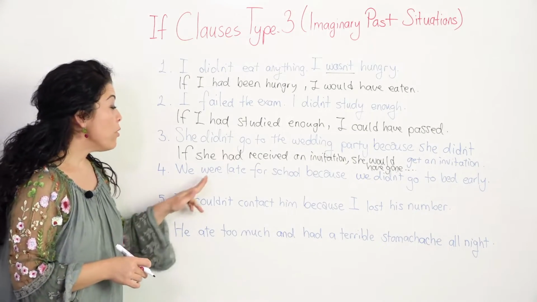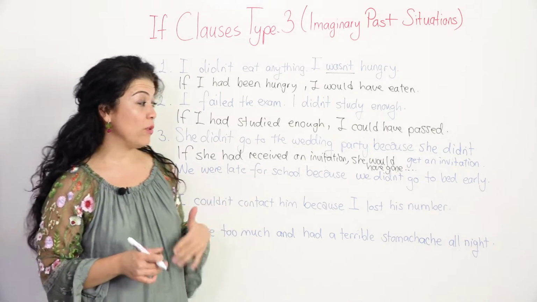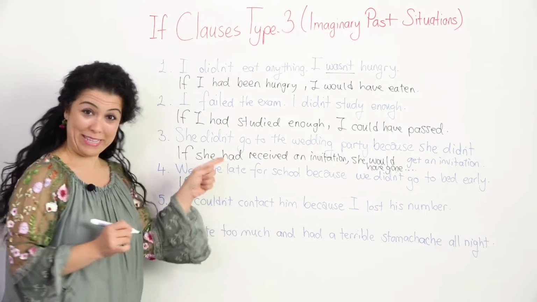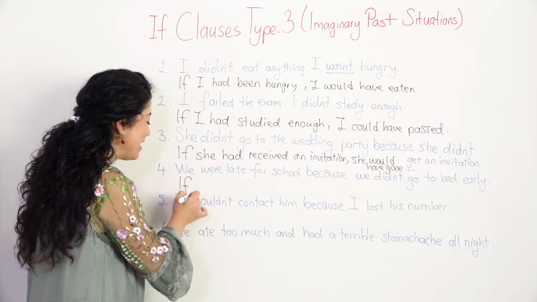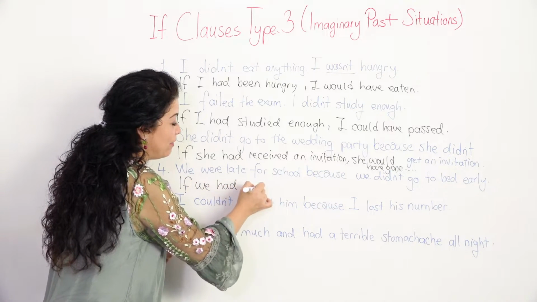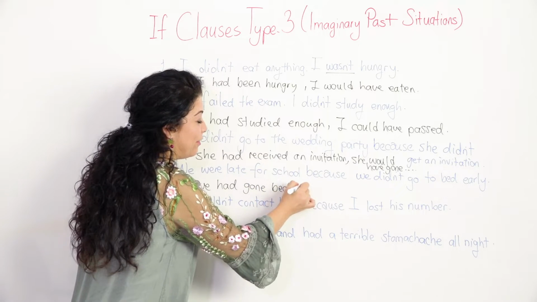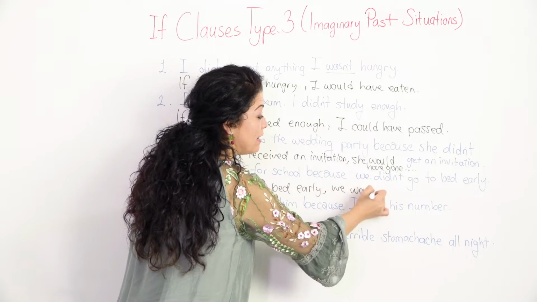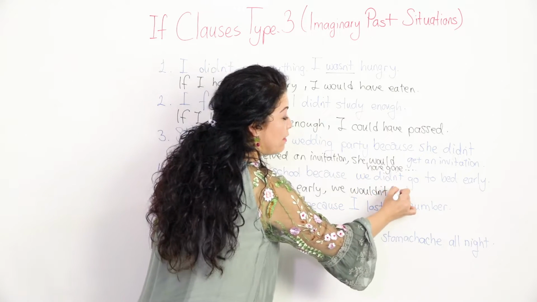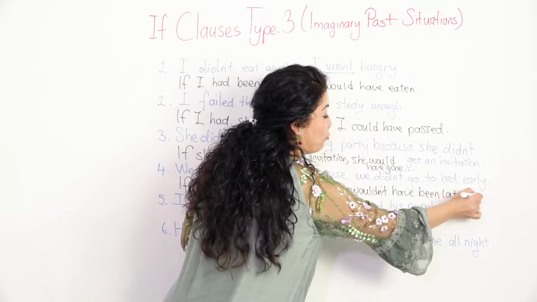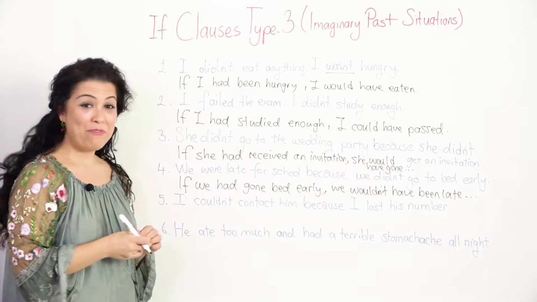Number 4, we were late for school because we didn't go to bed early. So, that was a mistake we did, right? If we had gone to bed early, we wouldn't have been late for school. Yeah.